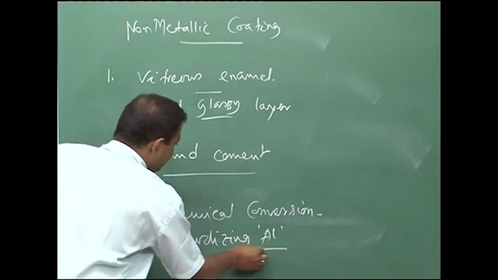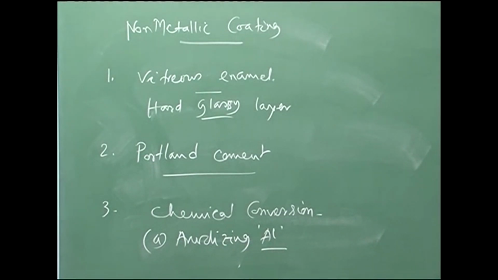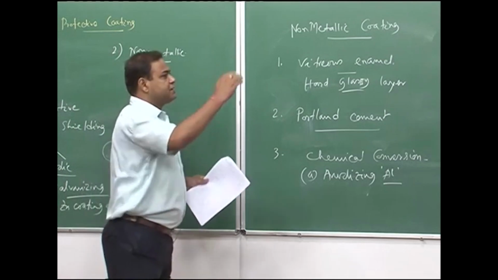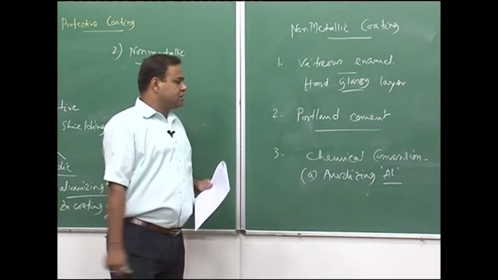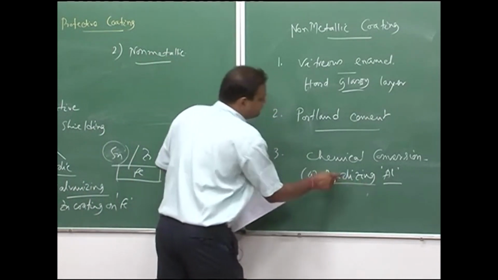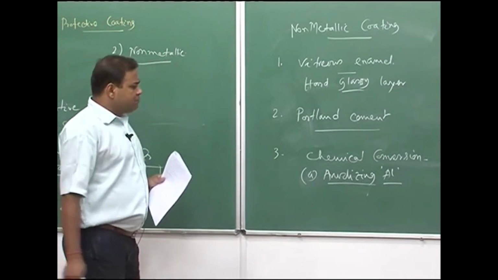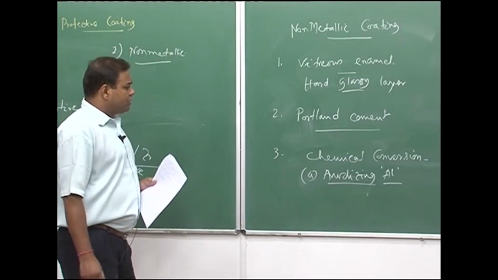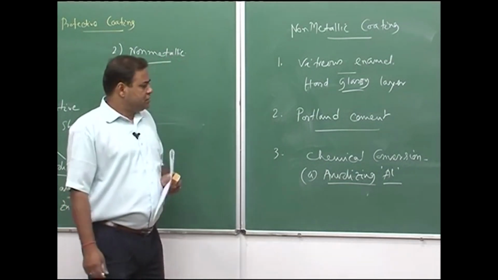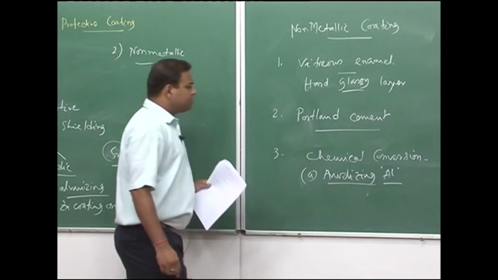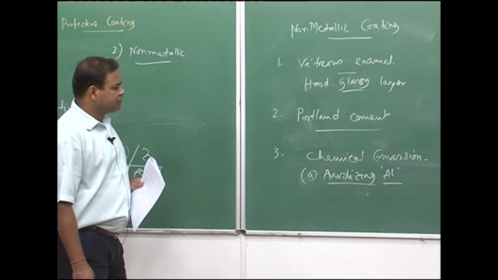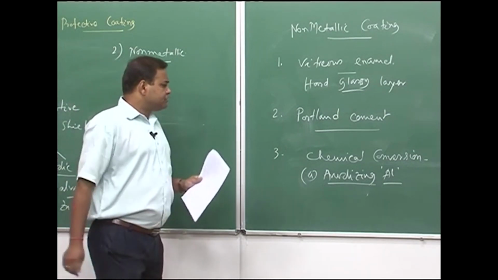The potential of aluminum is intentionally taken to the nobler side, to a very high potential, beyond the potential where oxygen evolution occurs. When it is taken to the nobler potential, aluminum oxide forms. So, anodizing aluminum is one important chemical conversion technique by which an aluminum oxide layer forms on the surface, and it gives very good corrosion resistance.